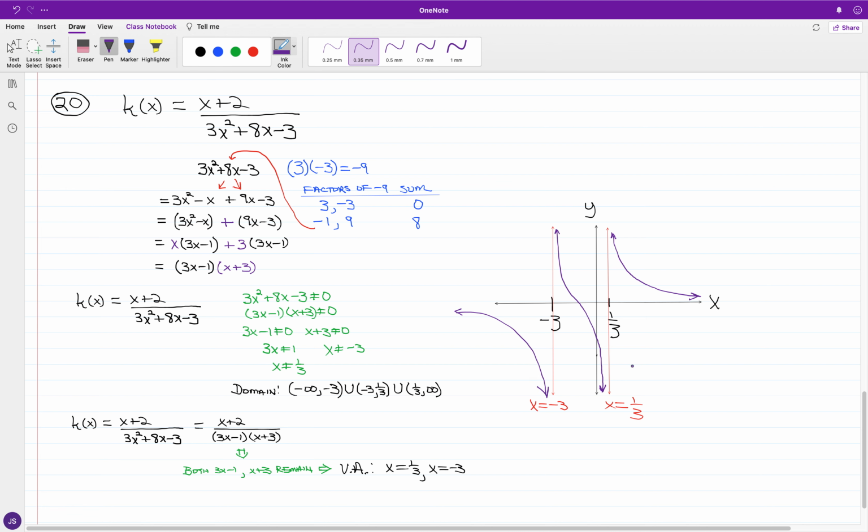So this is what we have generally for k of x. And again, that function is split up into 3 distinct sections. And we'll be looking into cases involving other types of asymptotes.